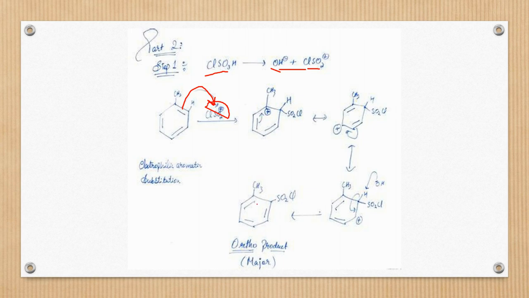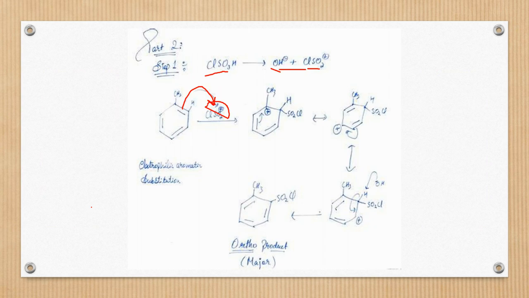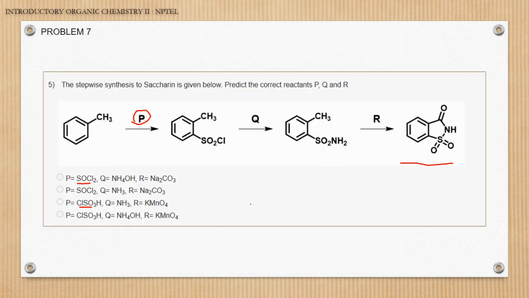So here you will have an ortho-substituted SO2Cl toluene in the first step. SOCl2 is not going to give you the dissociation into OH minus and is not going to give you the electrophilic aromatic substitution. But this acid can give you the Friedel-Crafts-type reaction. So here you will get an ortho-substituted product through electrophilic aromatic substitution.